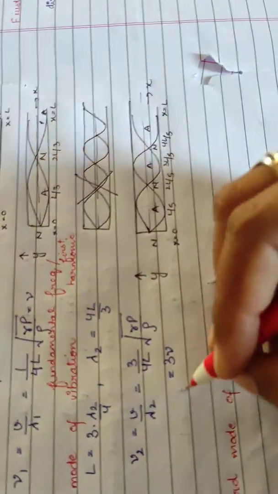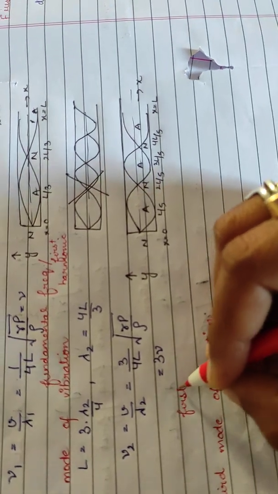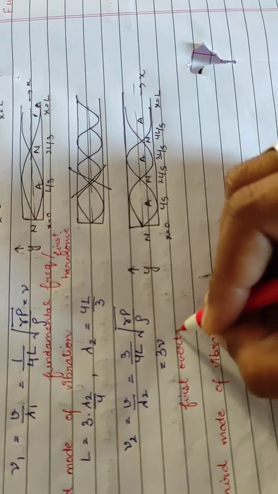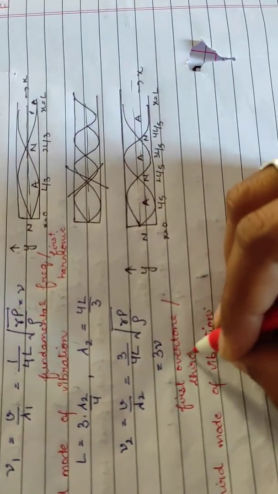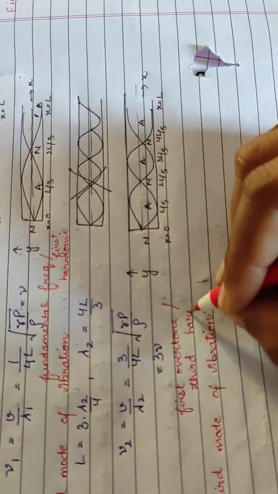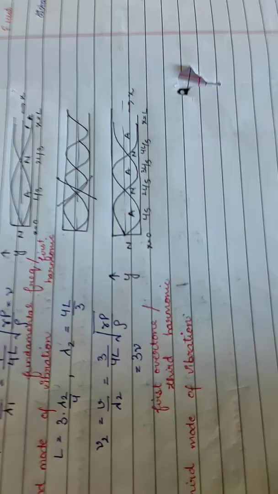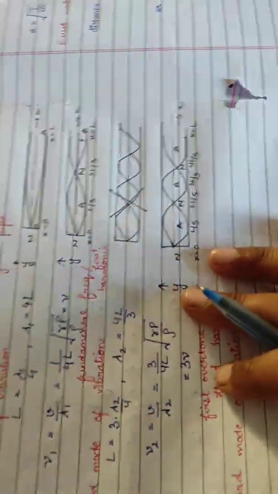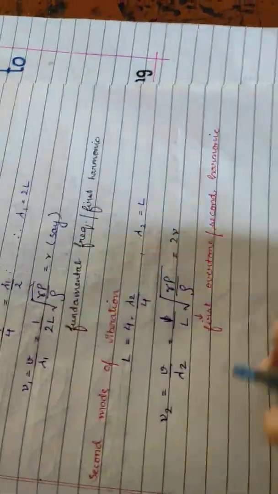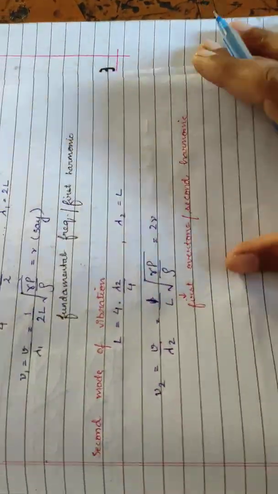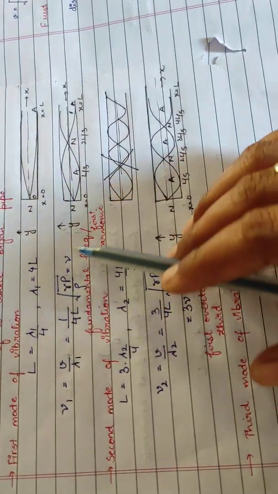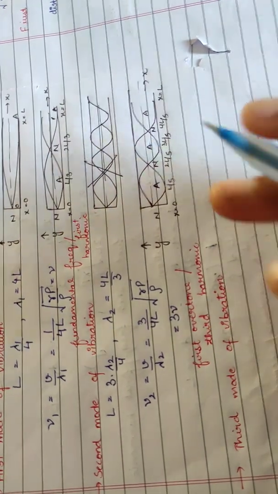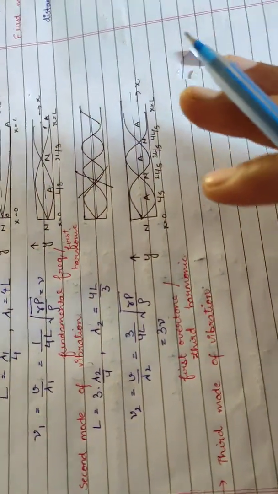And this is known as the first overtone or third harmonic. Now this is the difference between open organ pipe and closed organ pipe. For open organ pipe, the second mode of vibration was known as the second harmonic, whereas here, as it is coming equal to 3 times nu, that is why this is the first overtone but the third harmonic.